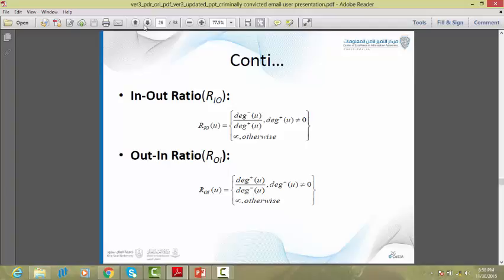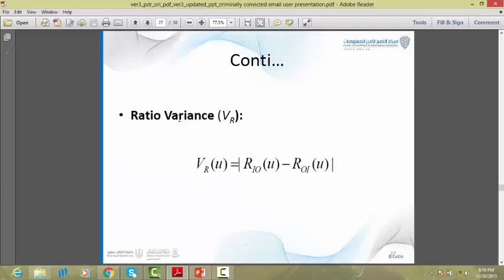After that we have the ratio variance. Ratio variance is nothing but the difference between the in-out ratio and the out-in ratio, that is, RIO minus ROI. This formula we have used here.